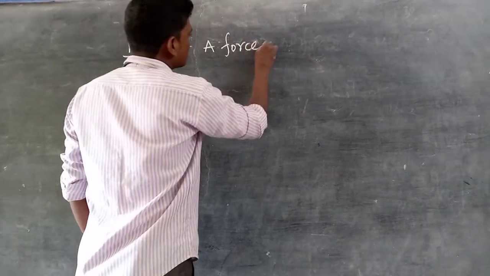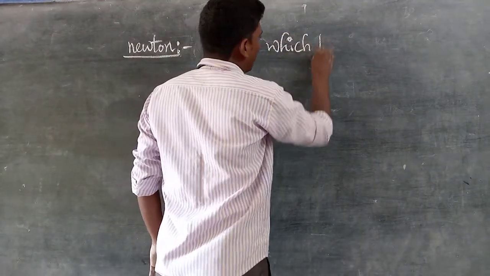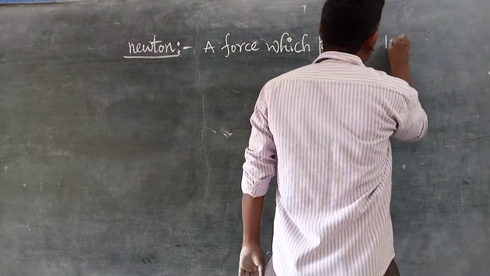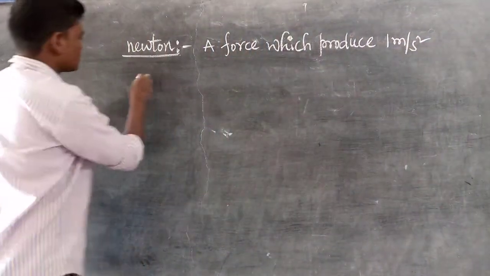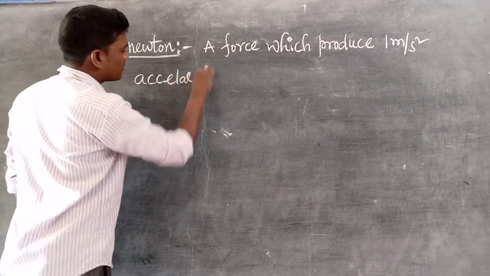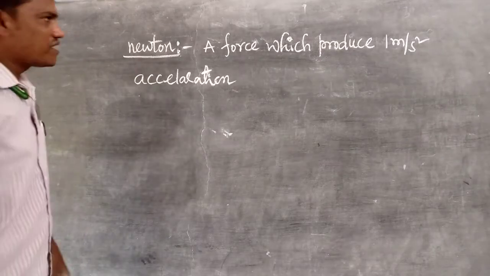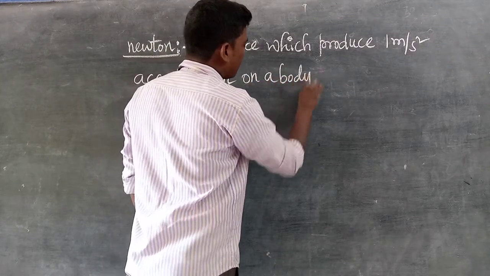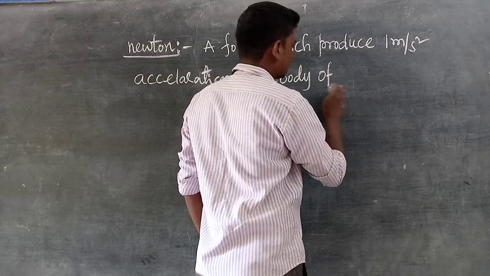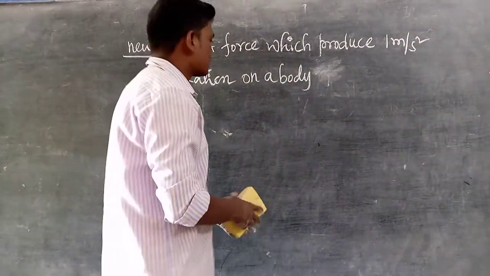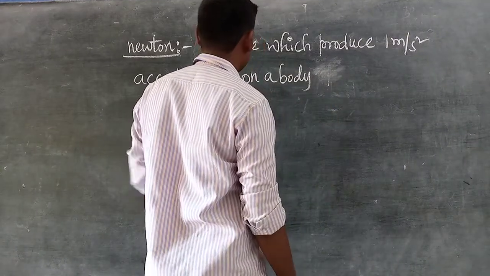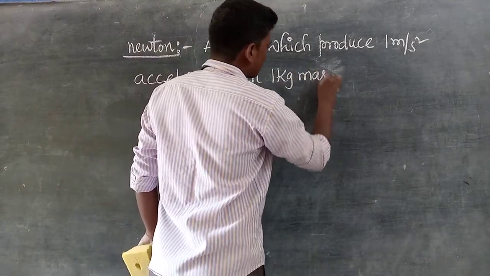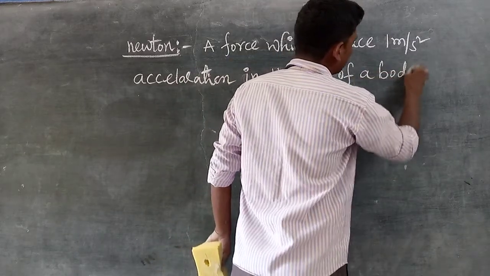a force which produces 1 meter per second square acceleration on a body of 1 kg mass is called 1 Newton.